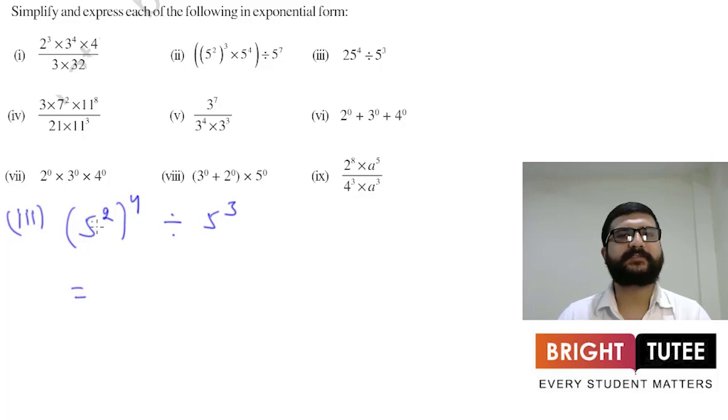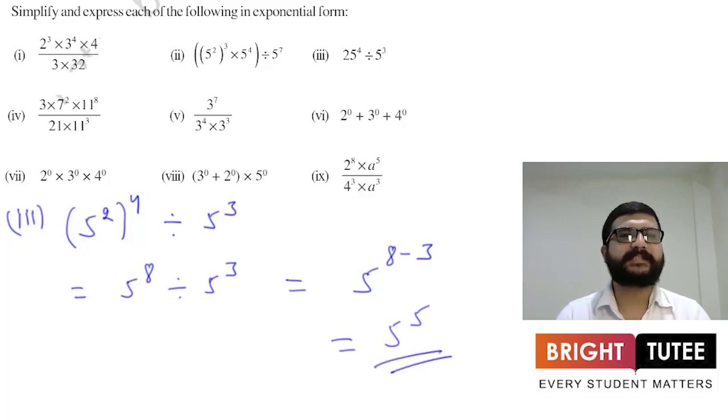This is 5 to the power 2 into 4, that is 8. So this becomes 5 to the power 8 divided by 5 to the power 3. Now we are dividing two powers with same base. We'll keep the base same and exponents are subtracted, that is 8 minus 3. Now 8 minus 3 is 5. So this becomes 5 to the power 5.